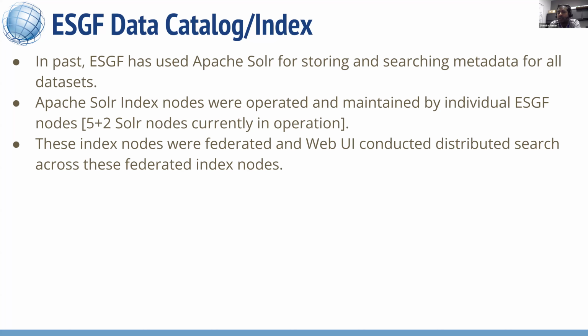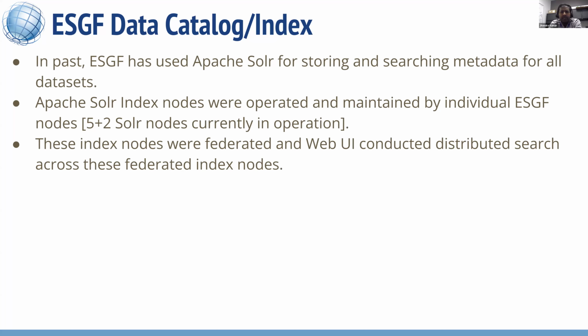And I added this +2 because 2 of the nodes that we operated within DOE labs, we have already replaced with a new technology, and they are still up and running, but they are not being used. And they are going to go down pretty soon. They are replicated, and at the end of the year, when the next generation architecture kicks in, all of the Solr is going to go away, and we will no longer be using Solr.